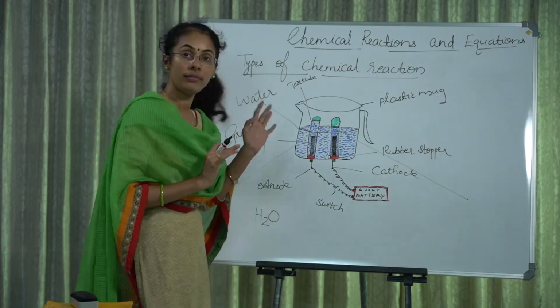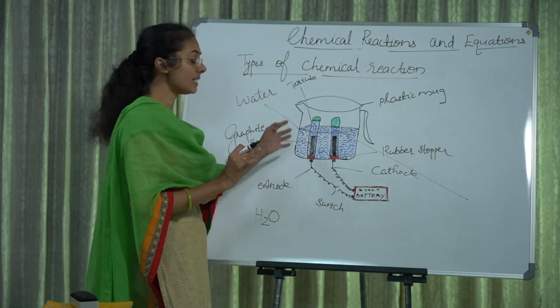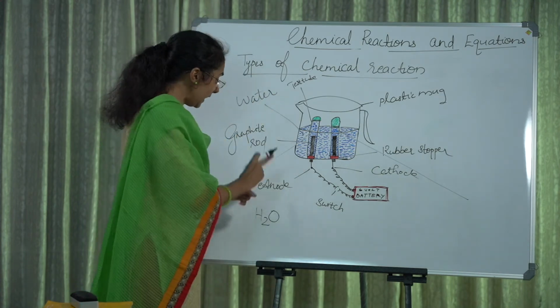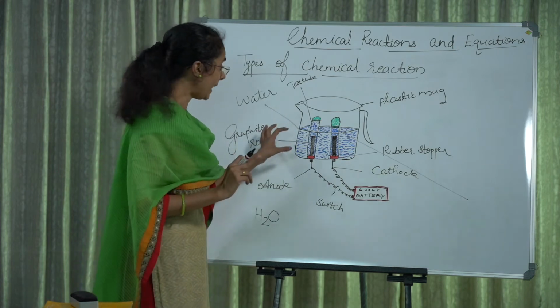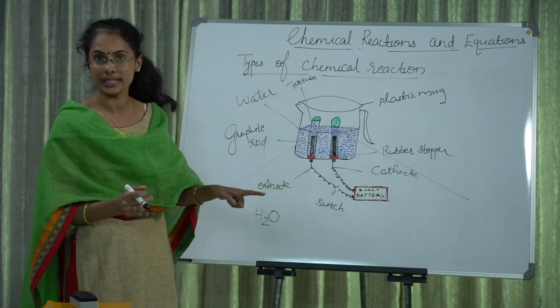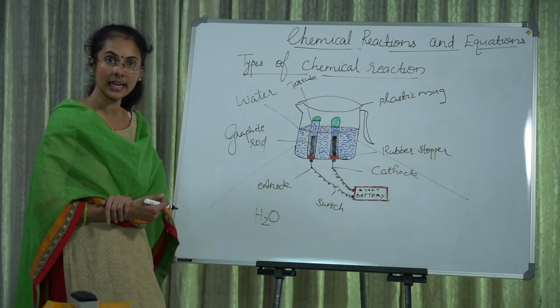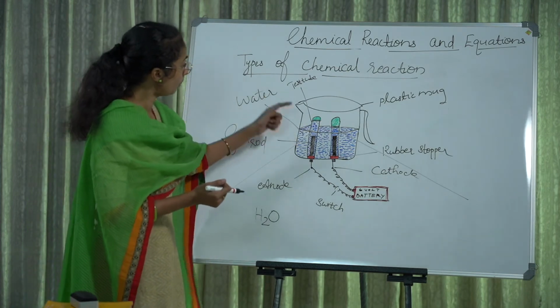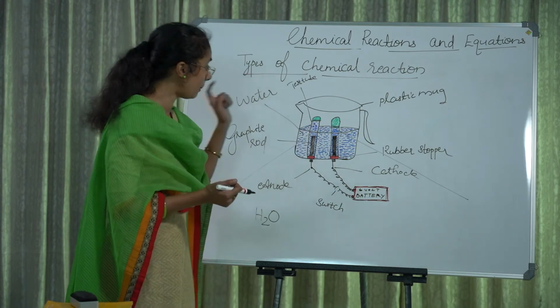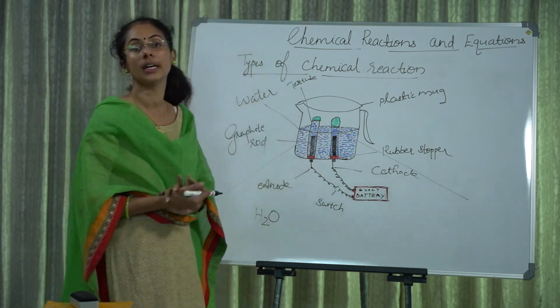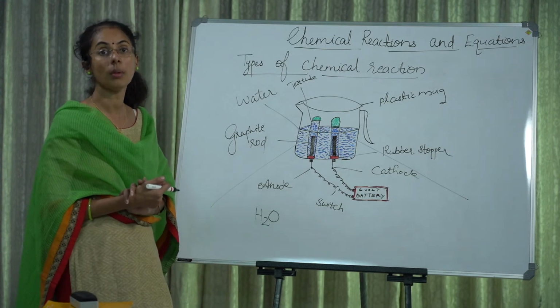At the time of electrolysis, electricity is passed through this water, and the water decomposes to form hydrogen and oxygen. In one test tube, the bubbles are the presence of oxygen, and in the other test tube, the presence of hydrogen.